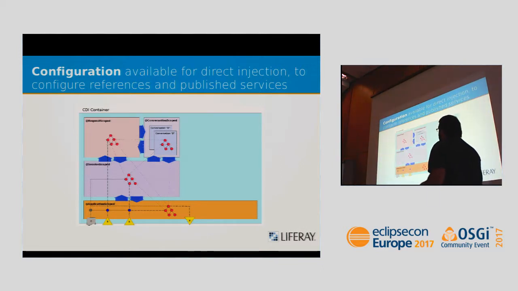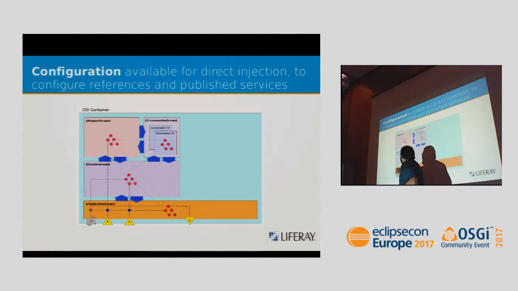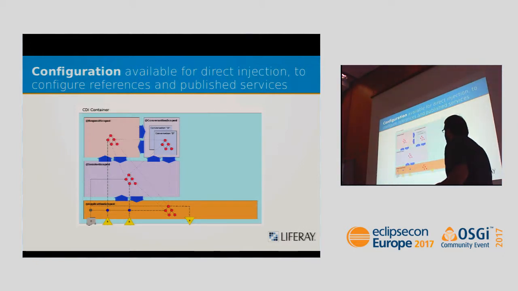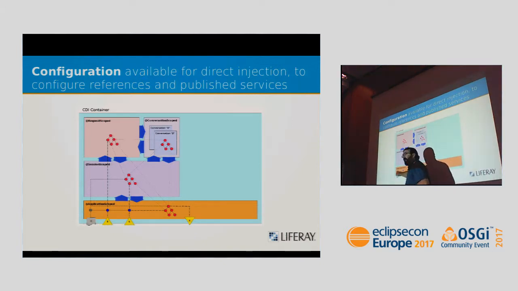So we have a mechanism to inject our configuration, but this is also represented by a synthetic bean that's created at the application scope. This configuration can also be used to alter the state and the rules for our synthetic reference beans.